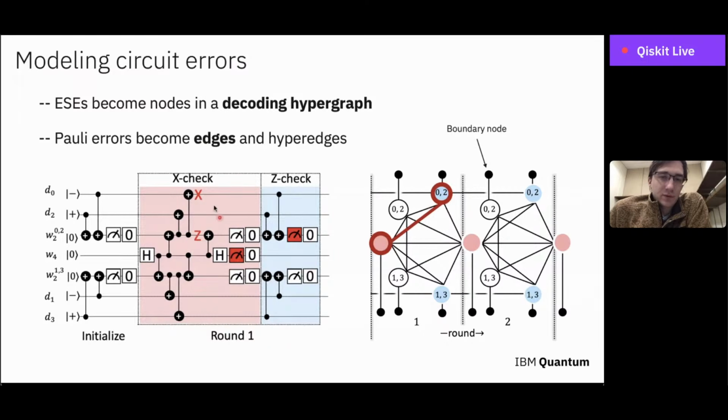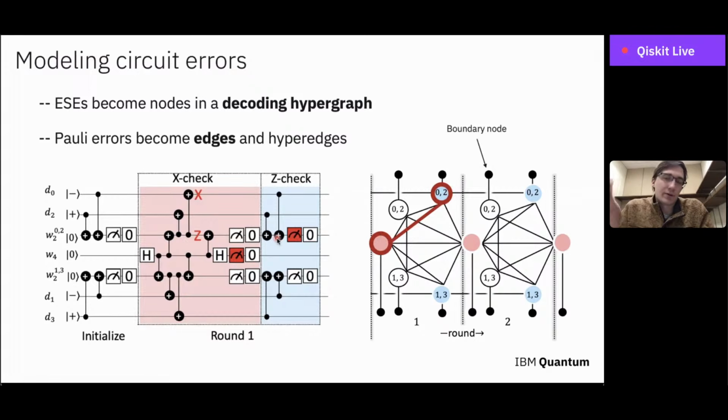You can propagate it through the circuit and it remains a Pauli error. And if you do this, you see that this Pauli error propagates such that it flips these two measurements in red. And when you translate that to the decoding hypergraph, that means that it flips these two error-sensitive events. Okay, so because this error could happen, we draw an edge between those two error-sensitive events and say that edge represents this error.